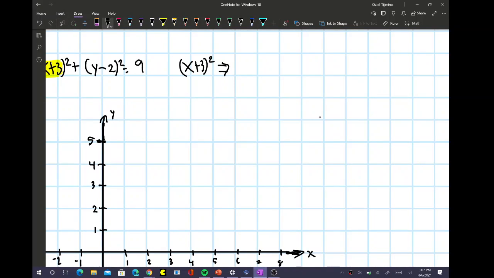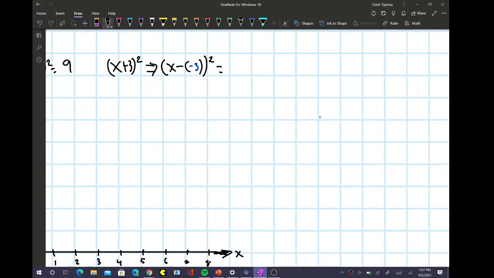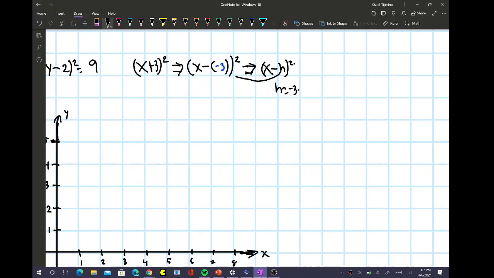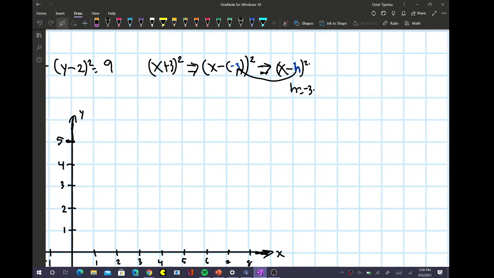So basically you have x minus the quantity negative 3 squared, which is then equal to x minus h squared. h equals negative 3. This is your h right here, if we color code that. And we have a minus h. So there we go. Now we can verify what our h value is.